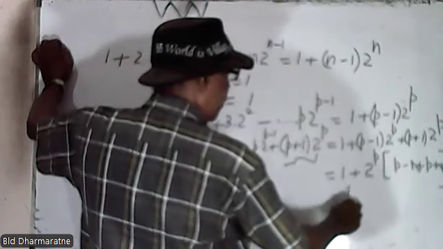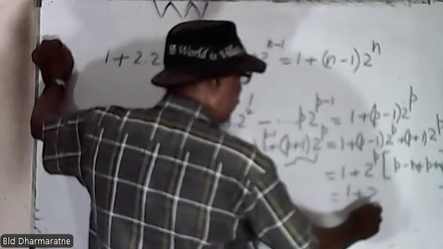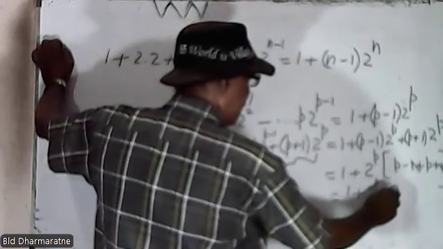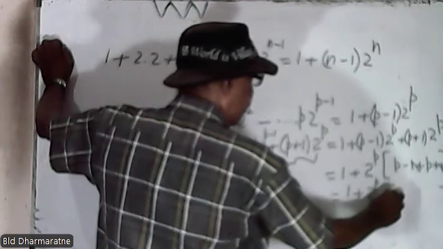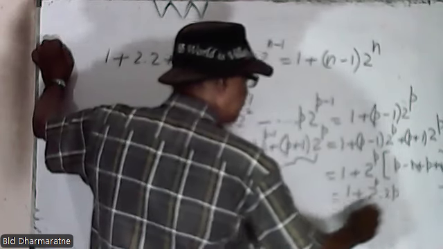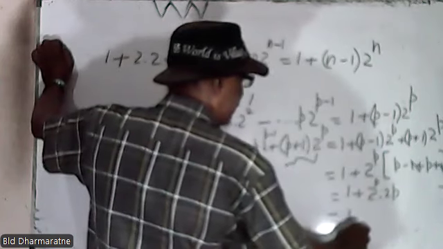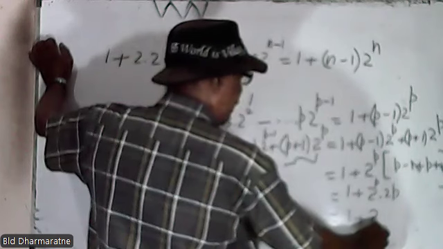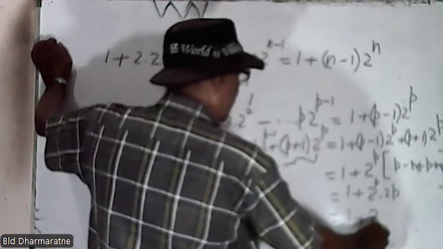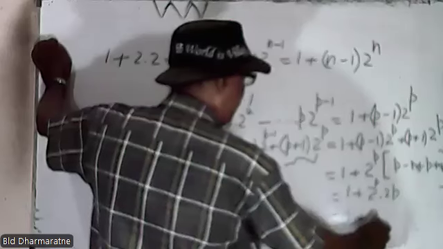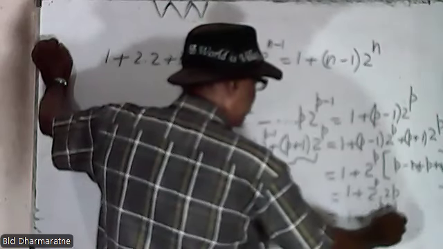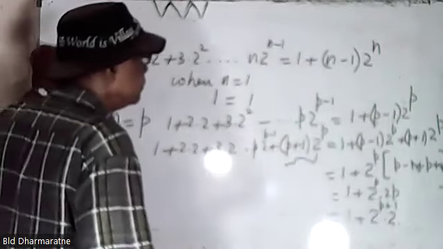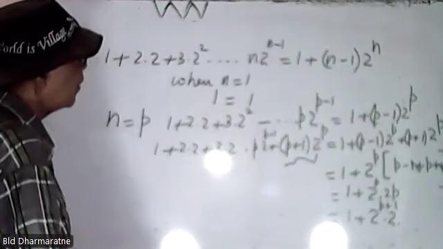Now we get 1 plus 2 times p times 2 to the power p. Here we can say 1 plus 2 times p plus 1 times 2 to the power p plus 1.